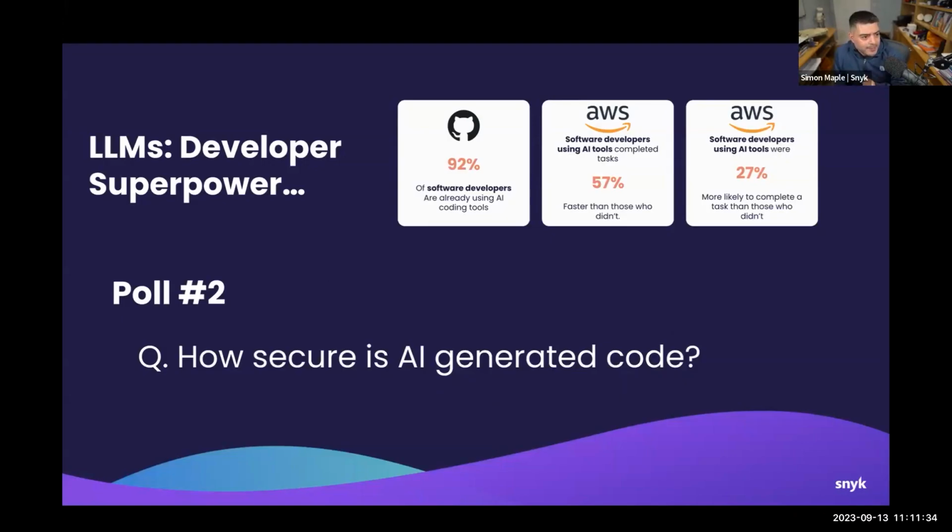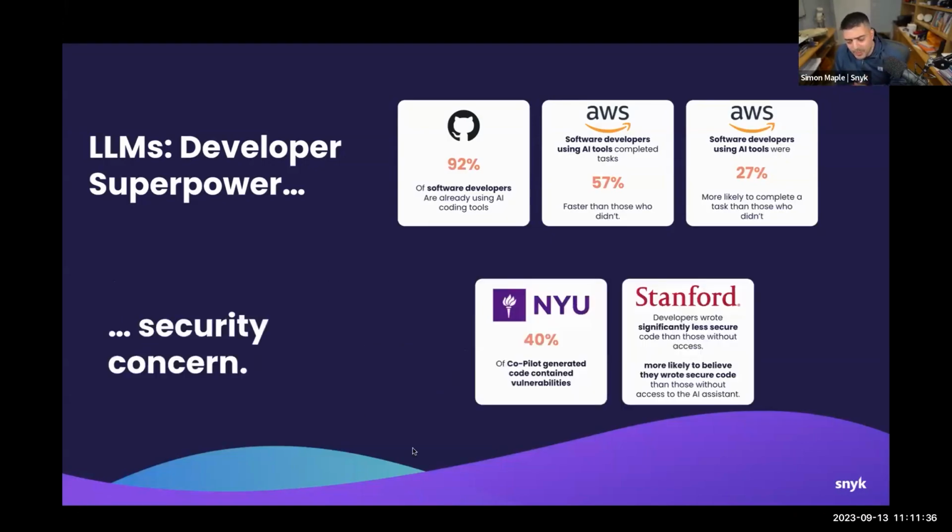So, interesting results there. Let's take a look at what some of the papers say, and perhaps these papers are maybe even a few months old already, so maybe people's sentiment has slightly changed. But 40%, this is a study from NYU, 40% of Copilot generated code contained vulnerabilities. Really interesting stat there.